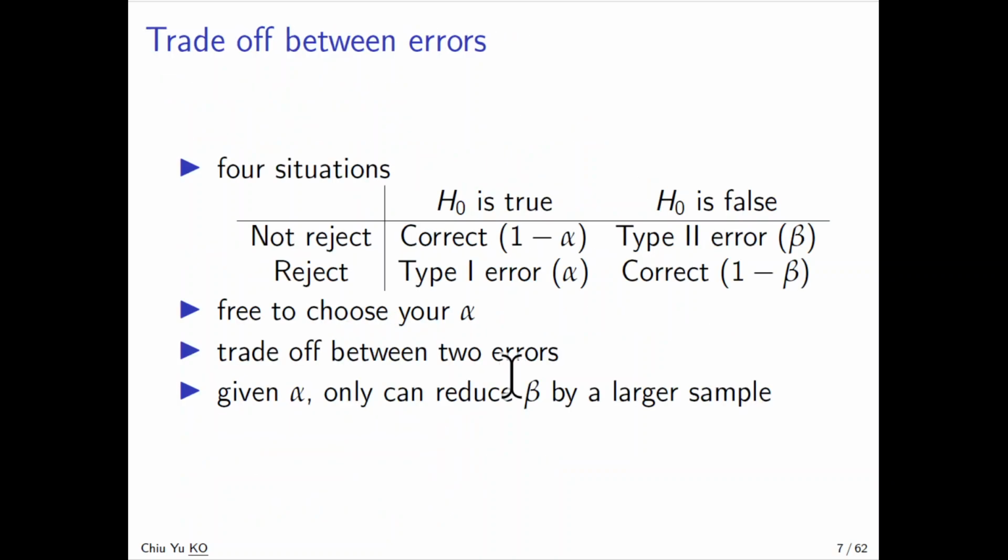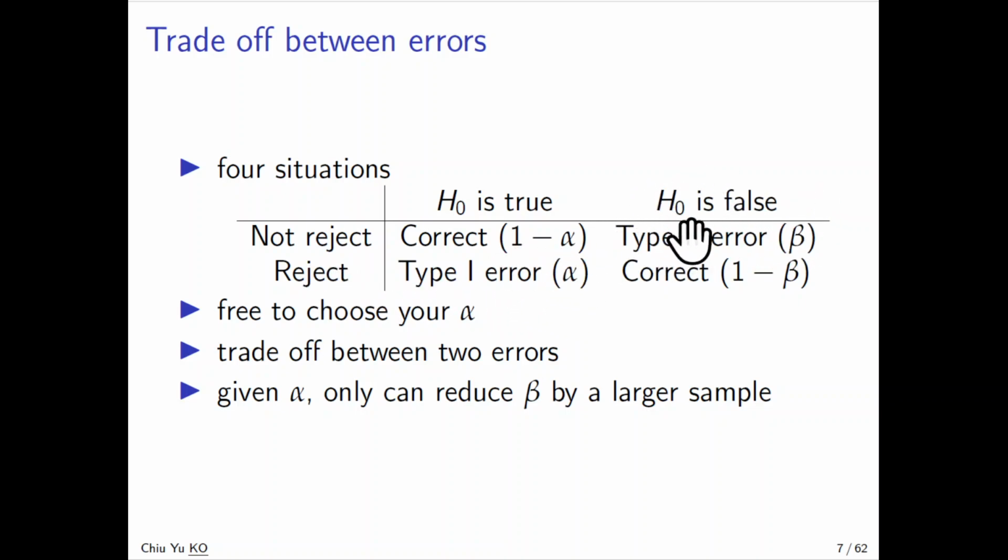So there is a trade-off between alpha and beta. Let's see the situations. When the null is true, you do not want to reject it, which has probability 1 minus alpha, and you reject it with probability alpha, which is a type 1 error.